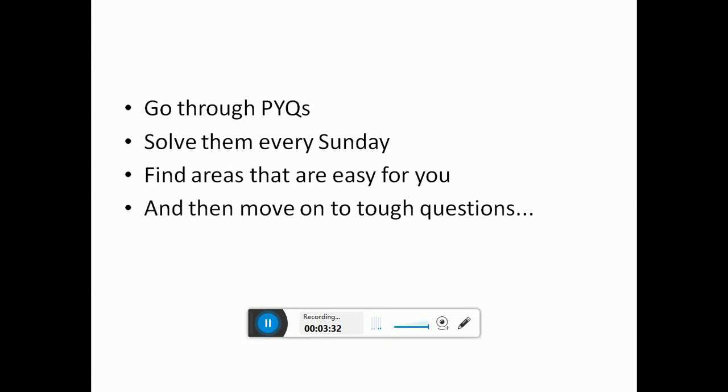So why not go through previous year question papers instead of higher level questions first, which is not bad, I think, but right now is not the time. It's way better to go through previous year question papers, solve them, and get a knack of what kind of questions you will be facing. Solving more tough questions will not serve the purpose, but solving the type of questions that will be asked in the examination itself will be the most practical thing to do, right?